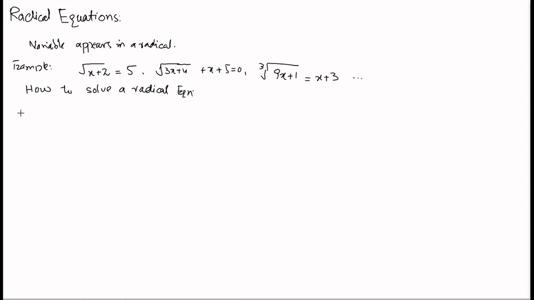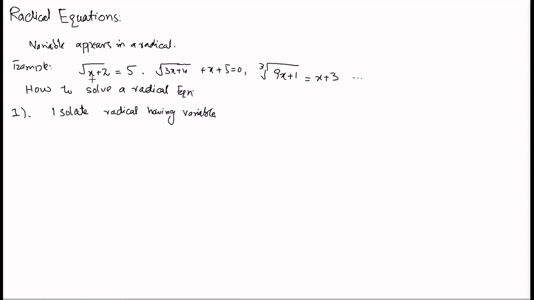Solving a radical equation, we follow a procedure in which step number 1 is to isolate the radical having the variable. Isolation means that we will write the radical having a variable on one side.